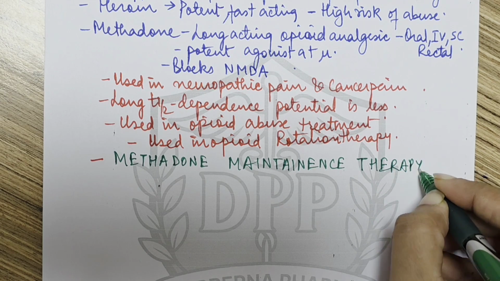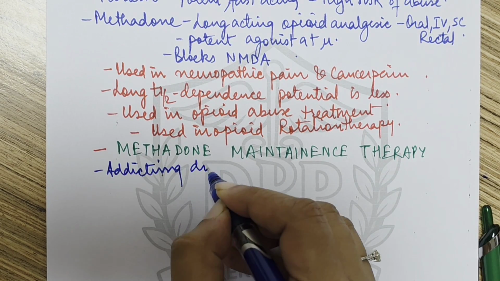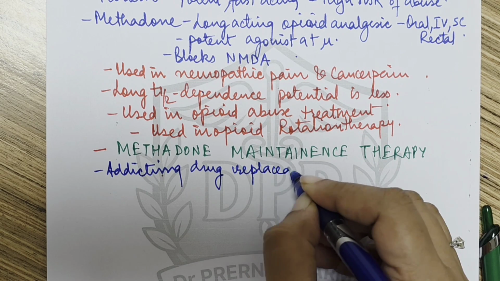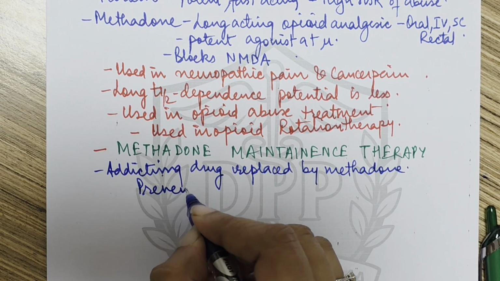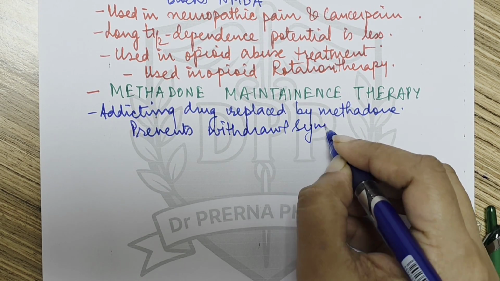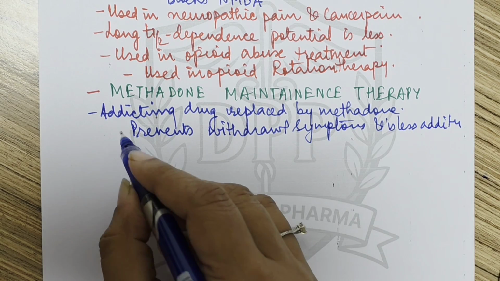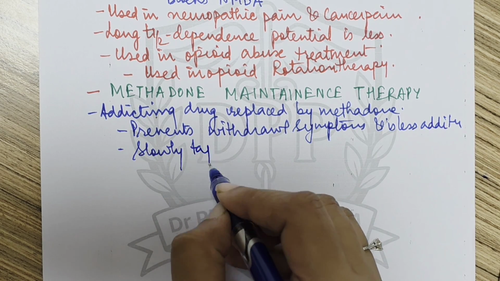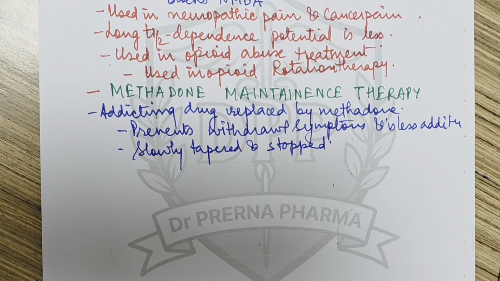Now what is done is that the addicting drug is replaced by methadone. So what happens is that it prevents the withdrawal symptoms and is less addictive, and slowly then it is tapered down and finally it is stopped. So this is methadone maintenance therapy which is given.